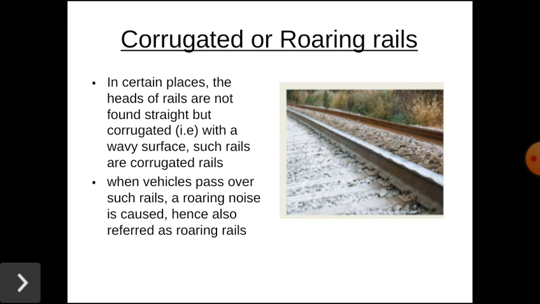The heads of rails are not straight in some places, with a wavy surface, such rails are called corrugated rails. Due to this corrugation, when vehicles pass over such rails, a roaring noise is caused, so they are also called roaring rails.